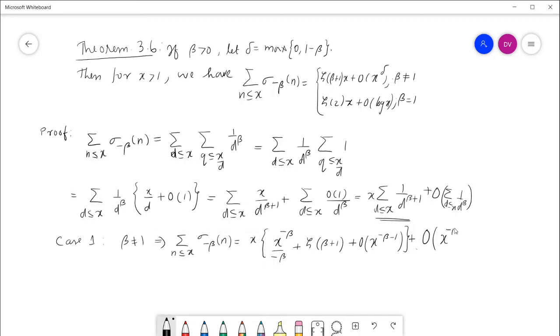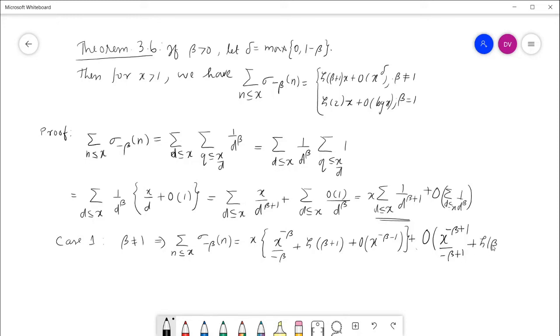We have the assumption that beta is not equal to 1, so this is not 0, a finite value, plus zeta of beta plus O of x raised to minus beta.